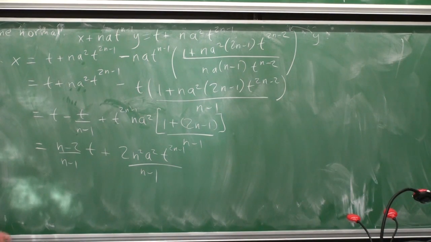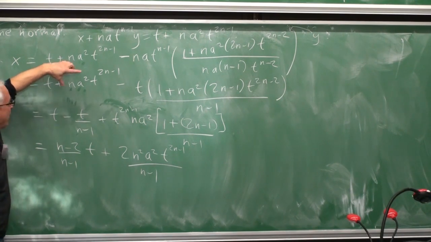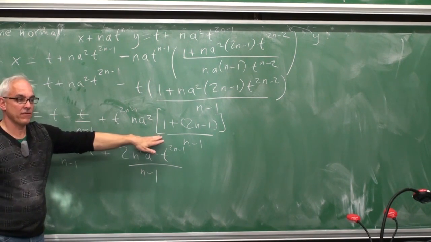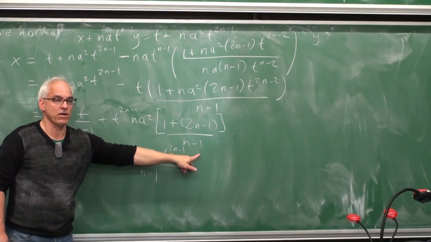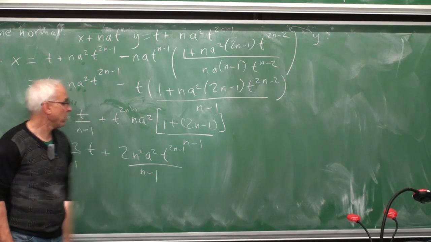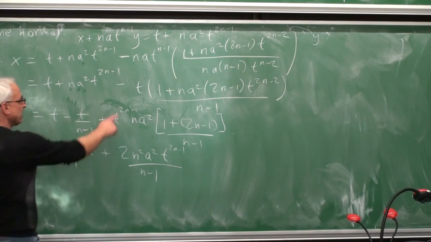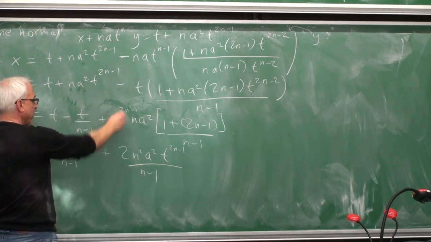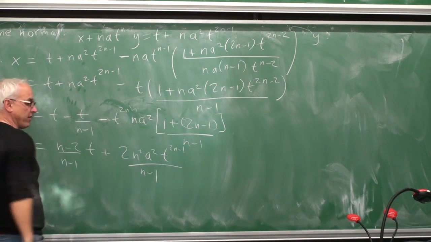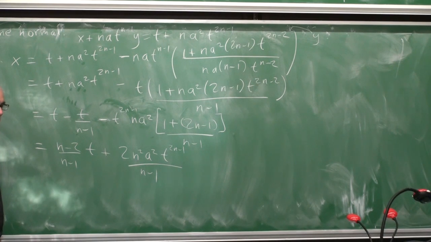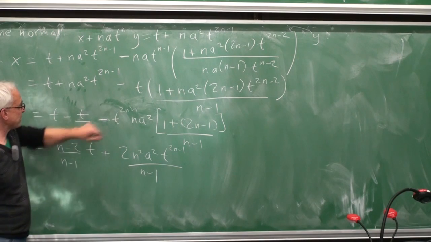No, I made a mistake. What did I make a mistake? When I put everything over the common factor, there was an n minus 1 down here. And there's also a minus sign here, isn't there? Oh my goodness, it's very important to check things. Don't trust yourself first time around. Third time around, okay. So there's a minus sign that I forgot.